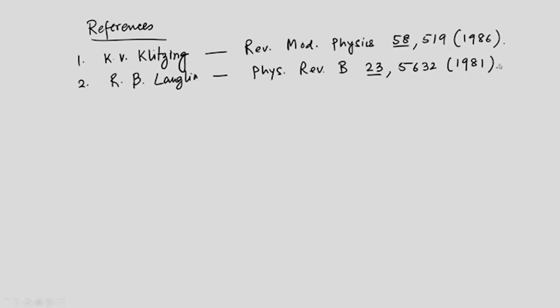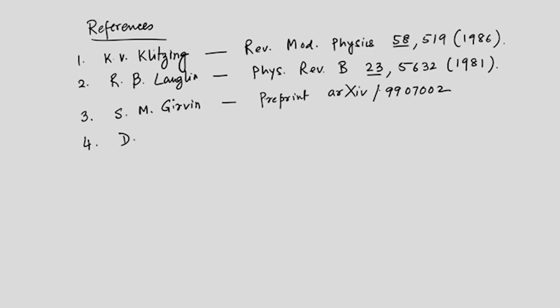And then there are excellent review articles, one of them by S.M. Girvin. This is available in the archive. It's a preprint. It's 99070002. There is another excellent one which I shall be referring to every once in a while by David Tong.